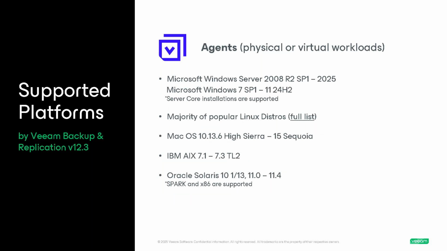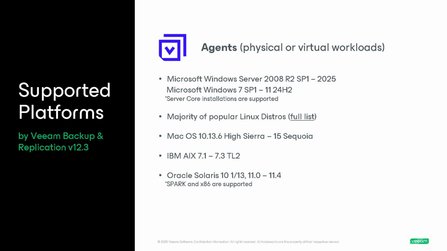These next ones are either if it's a physical server or an indirect integration. If it's not a currently supported hypervisor, you can always use agents. The operating systems supported with agents as of 12.3 would be Windows Server 2008 R2 Service Pack 1 through Windows Server 2025, Microsoft Windows 7 Service Pack 1 through 11, and the majority of popular Linux distros, which you can't really see the full list from here, but on the second from the last slide there should be a link to our Help Center documentation, which will show the full list.